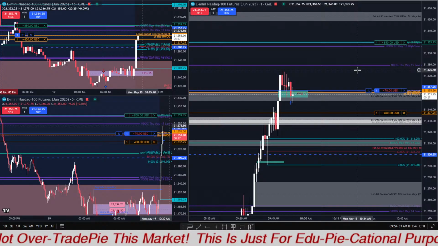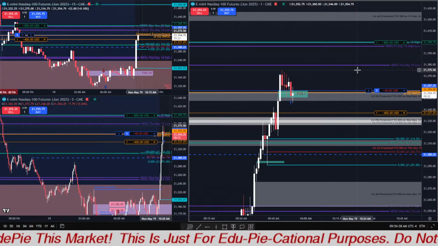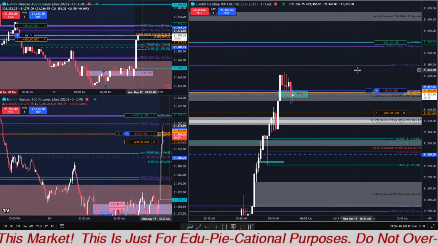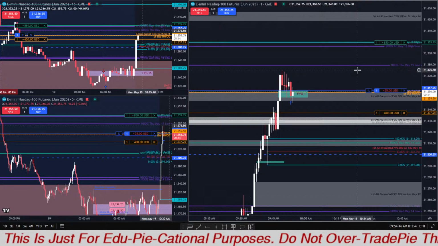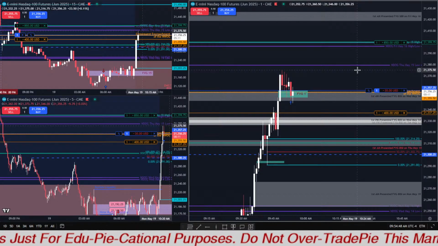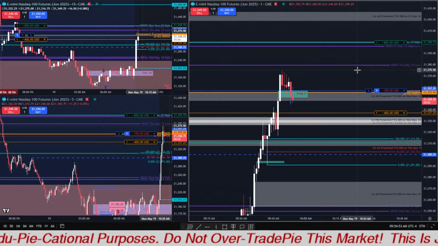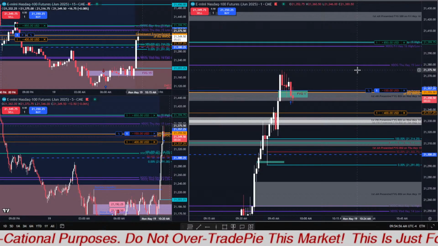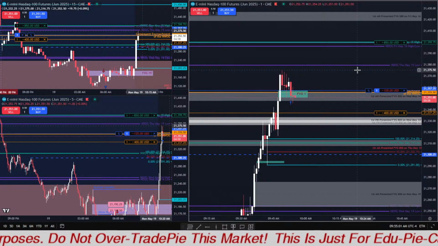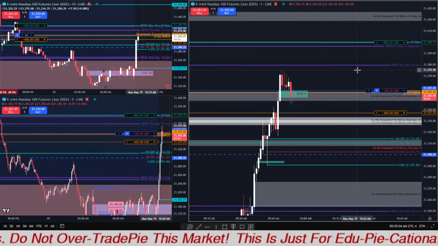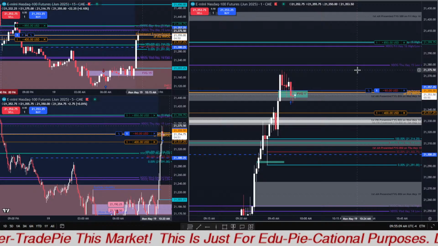So far the market is not behaving very nicely and we are in loss, 2-3 handles. The bodies of the candles are still remaining in that 1 minute fair value gap, so there is nothing to worry about.